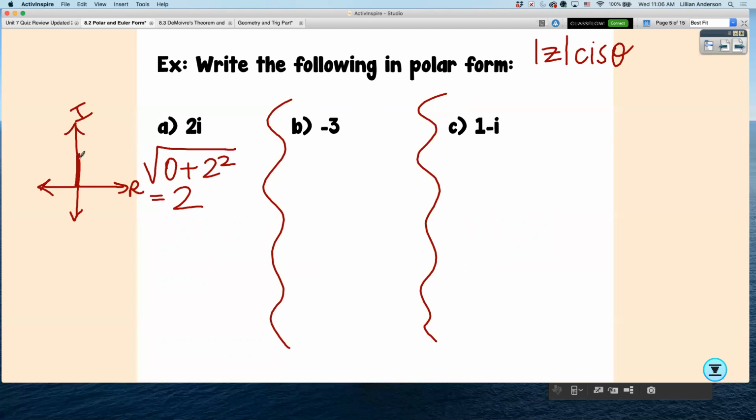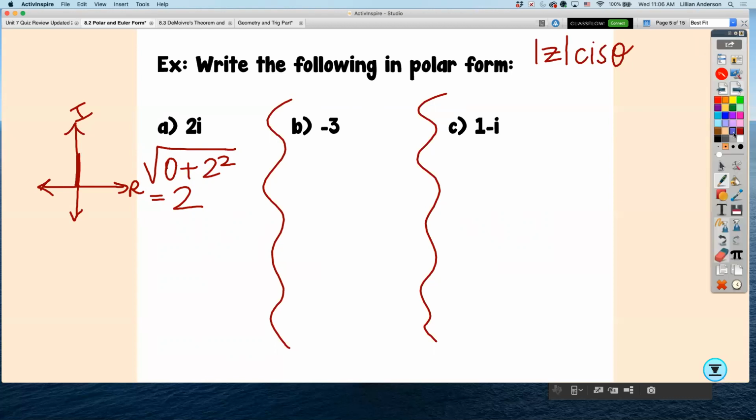And remember, in standard form, we start at the positive x-axis, heading which direction? Counterclockwise. So what's that angle there? Pi over 2. So theta is equal to pi over 2.